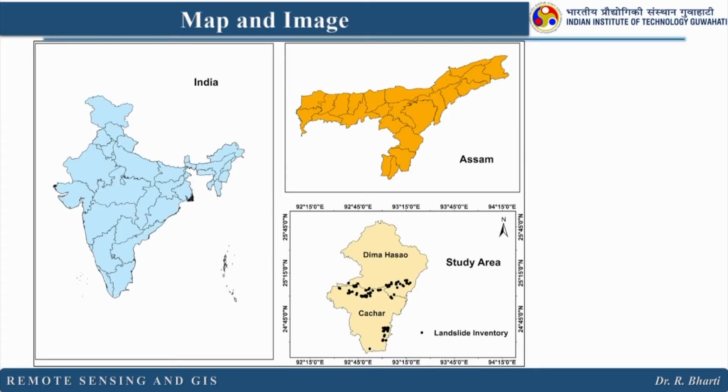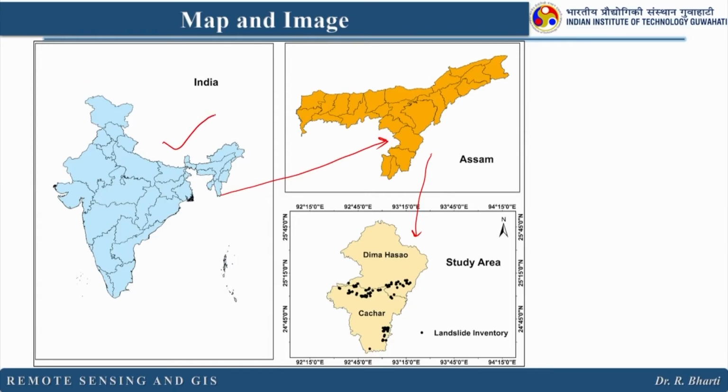This is another example. Here is the general way we represent our study area. So this is India, and from India this is the part which is represented here, and from this is your actual area, right. Here you will understand the difference between map and image. This is one image.